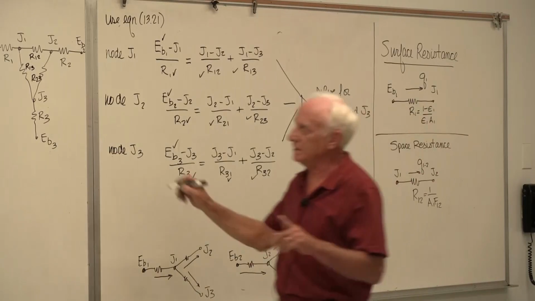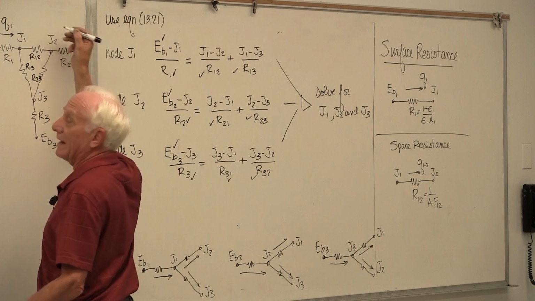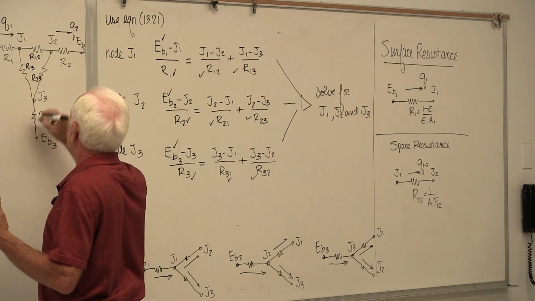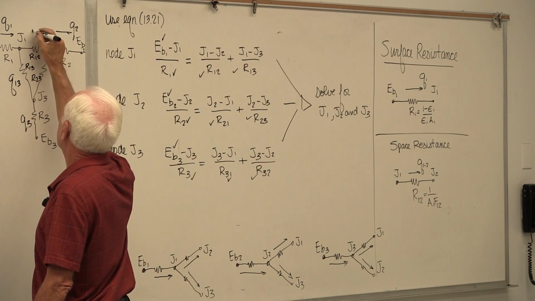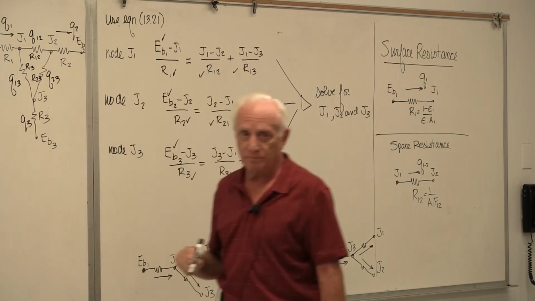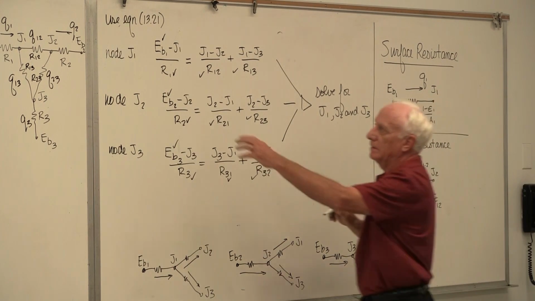And how many are there again? Q1, Q2. I don't know the directions, you'll find out. It depends on Q3, Q13, Q12, Q23. There's 6 of them. 6 of them, okay? You can find them.